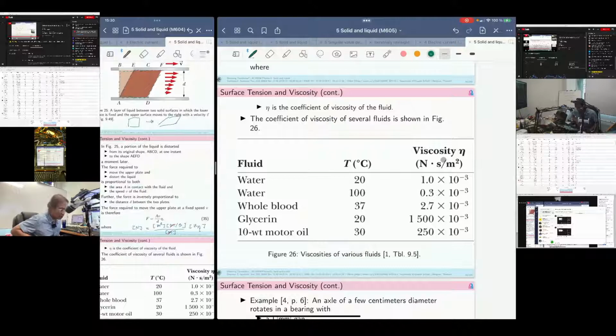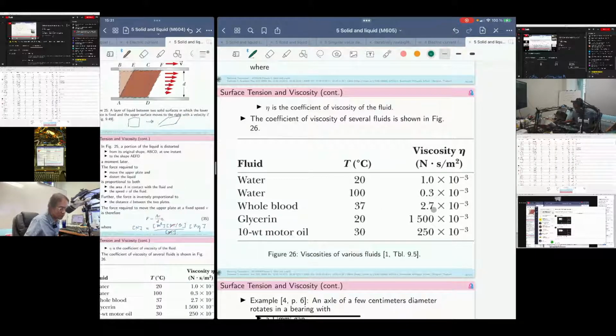And one thing we could observe from this table is the whole blood. The blood has higher viscosity than the water. And viscosity of the blood is quite sensitive to our human condition, right? If the blood cannot flow well, your body may have a problem in keeping an appropriate temperature.